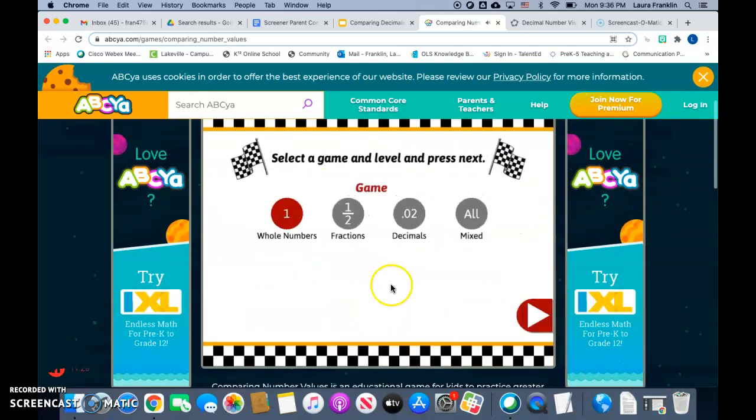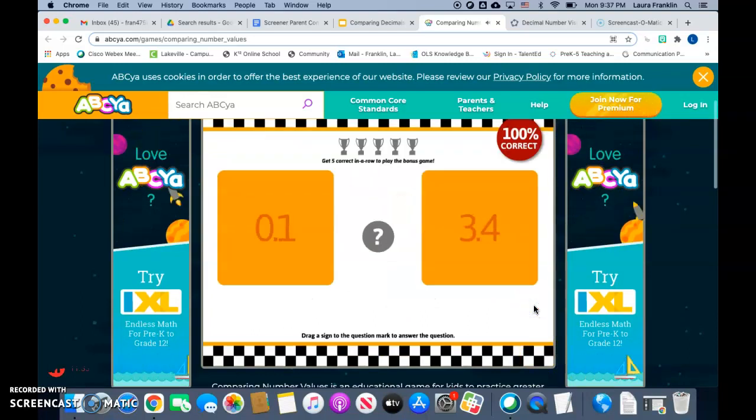Select a game and level and press next. You will want to select decimals to play the game. Compare the values in the orange boxes. Place the sign on the question mark that makes the statement true. Get 5 in a row correct to play the bonus game.